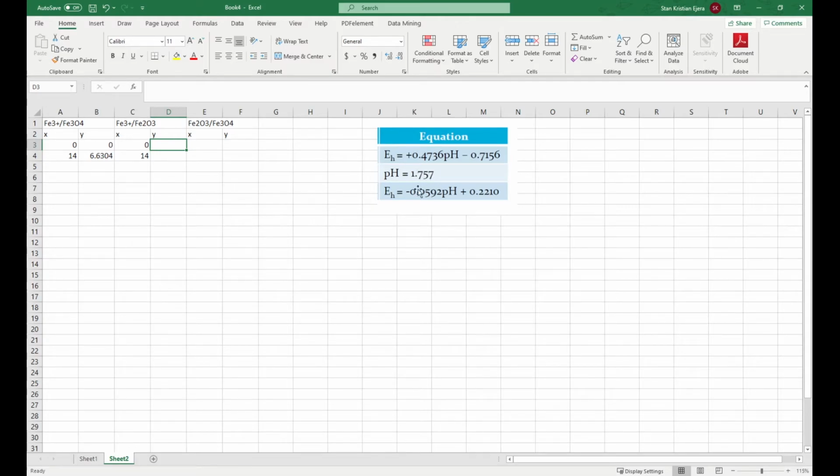And this is just a straight line, no, where x is equal to a constant. Okay, so actually ito magiging 1.757 and regardless of whatever y value we get here, x will always be 1.757.